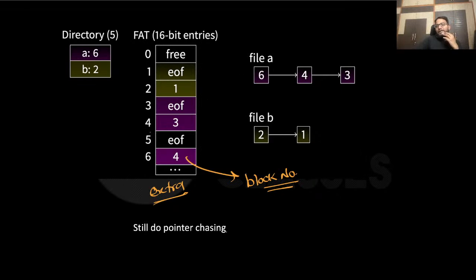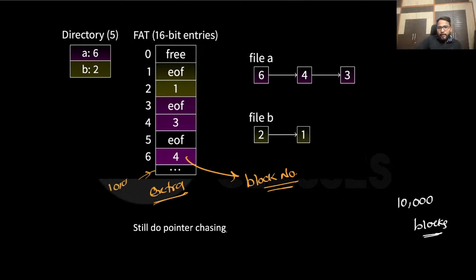You're getting my point? See, the way I'm storing is not changing. I'm just storing in the linked list way that I was storing earlier. It is just something extra I'm maintaining. And what extra am I maintaining? Let's suppose I have 10,000 total blocks or sectors. Then I will be having 10,000 entries here.